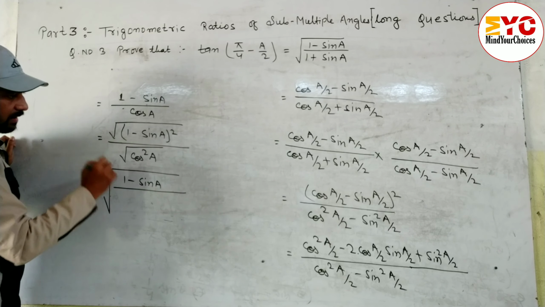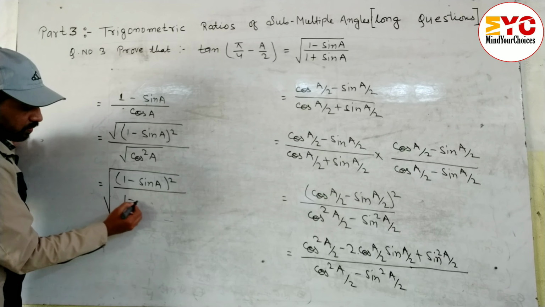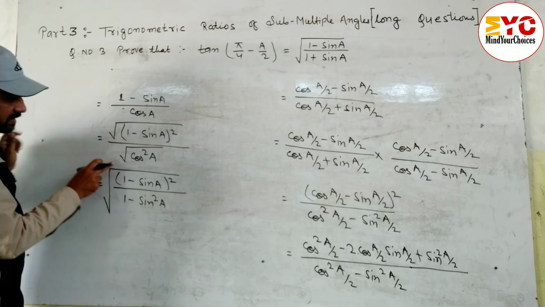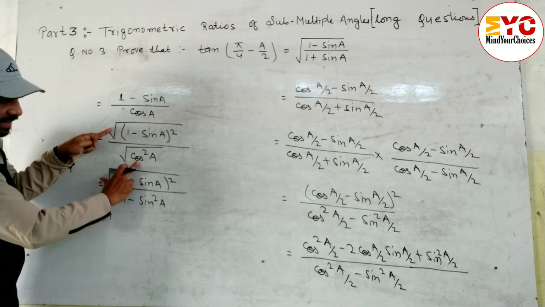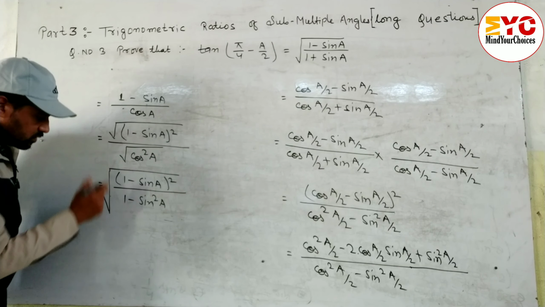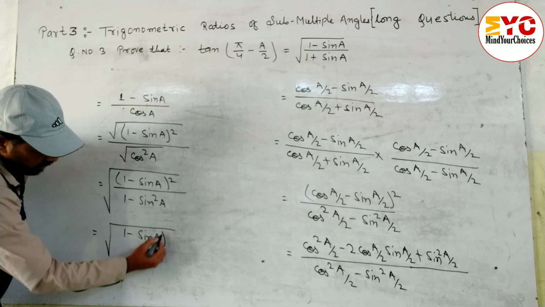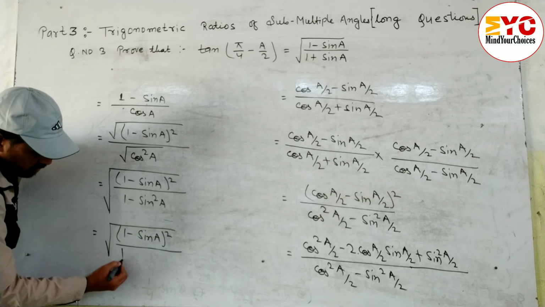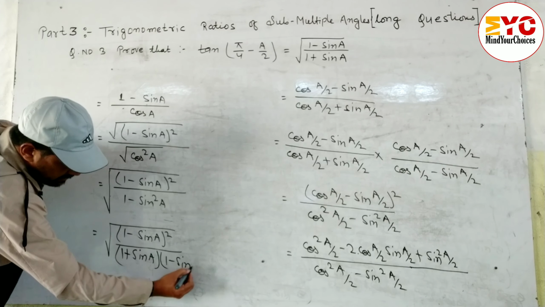Okay, up to here. Now here is square. Now cos² A, what is the formula of cos² A? 1 minus sin² A. Cos² A formula is 1 minus sin² A. I gave one root for both, here is square, so the square stays the same, and here cos² A means the formula 1 minus sin² A. Now we have to use the a² − b² formula. Root under (1 − sin A) whole square by, this in the form of a² − b², 1² means 1, so we can write (1 + sin A)(1 − sin A).